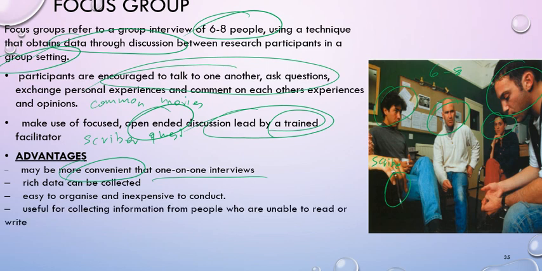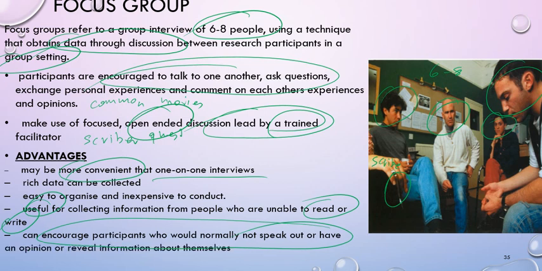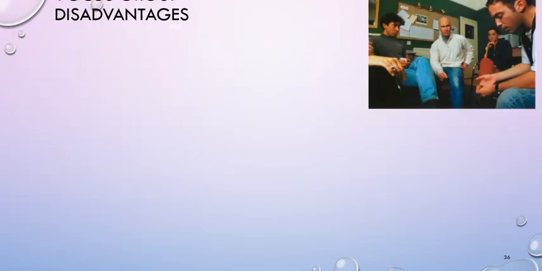It is useful for those who cannot read or write, for example, migrants, and can encourage participants who usually cannot speak out to have a go, by saying their opinion, revealing themselves. The problem is that sometimes people are really trying to conquer this discussion.